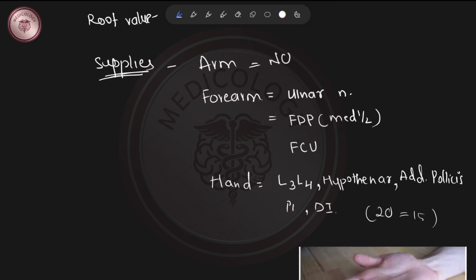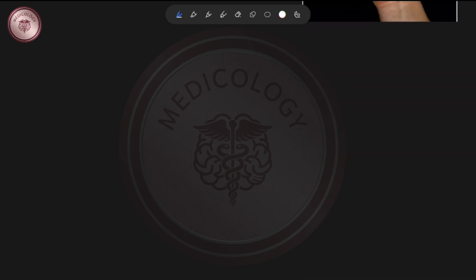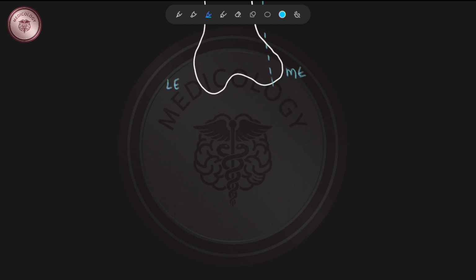Let's see how it travels all over our hand. This is the distal end of our humerus and this is our ulnar nerve. It comes medially, this is our medial epicondyle. This is the lateral epicondyle of the humerus, and then it comes over here.